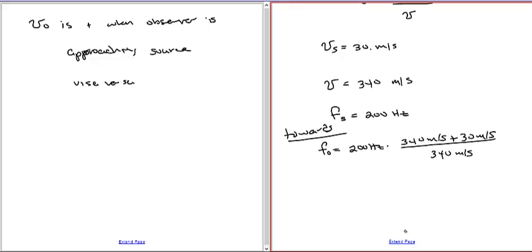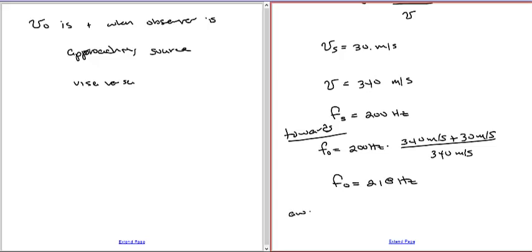And you can go ahead and calculate that. So you get 370 divided by 340 times 200. So the frequency that the observer hears is 218 hertz.